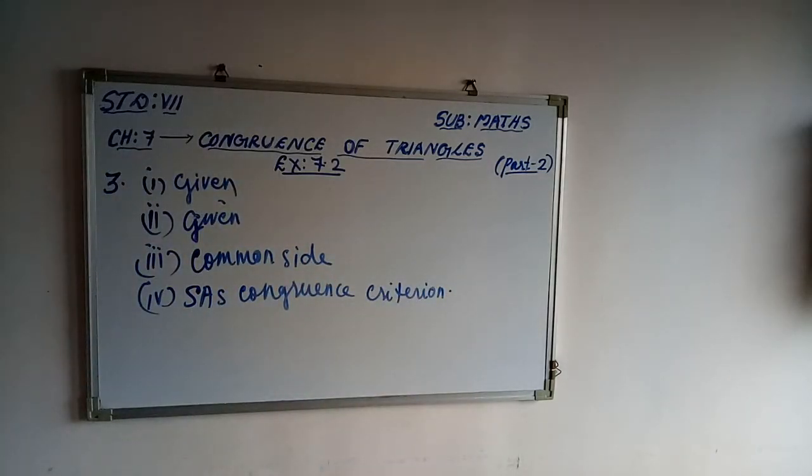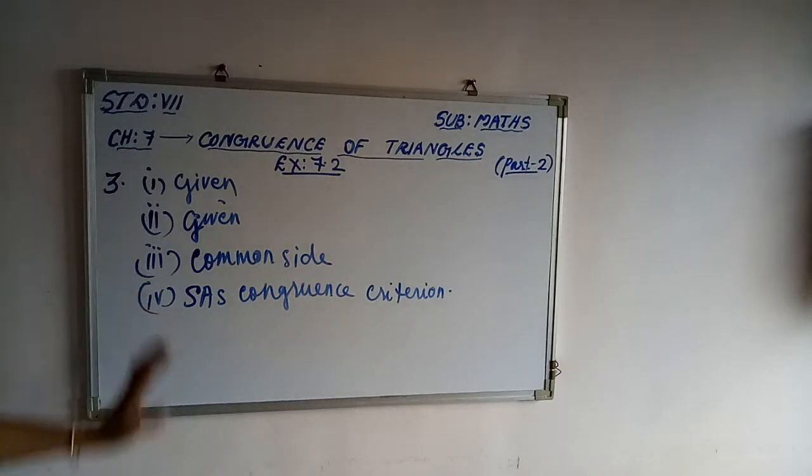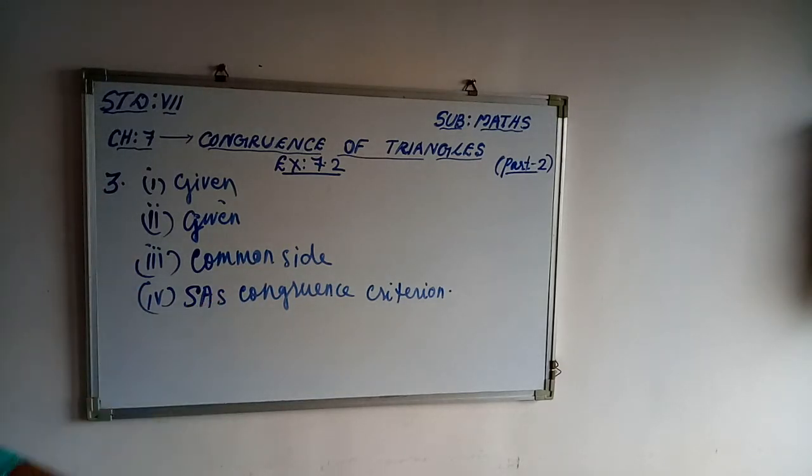See the figure, which is already marked. Which sides are equal, which angle is equal. So from the figure we can see that two sides and the included angle are equal. So we use the SAS Congruence Criterion for triangles AMP and AMQ to be congruent.